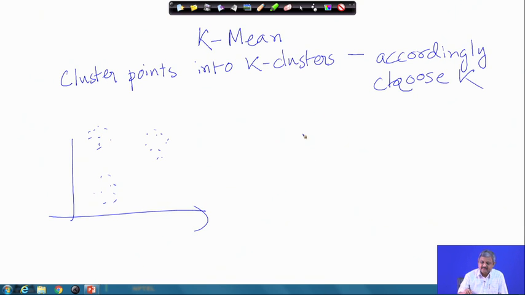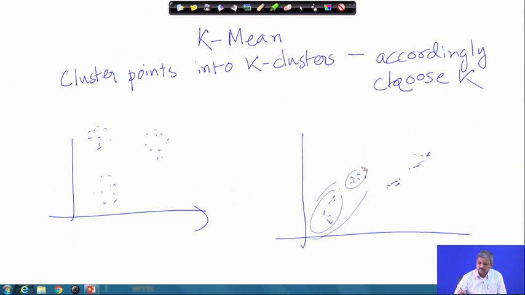So, maybe I ask you a question. Suppose I have say points like this, so, what is the number of clusters? Is it 2 or is it 4?